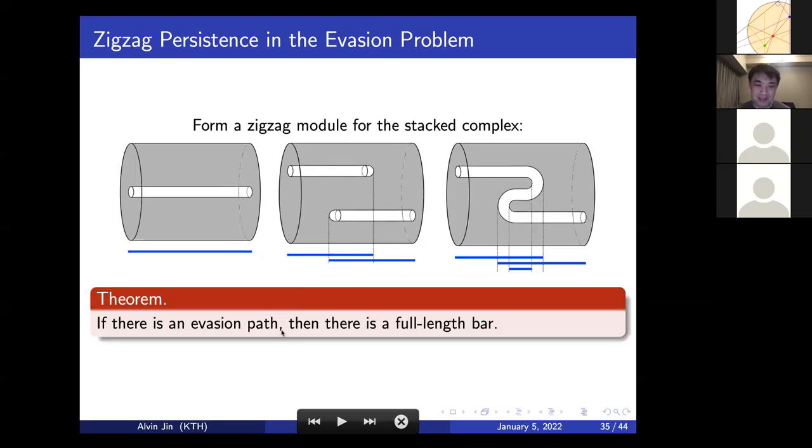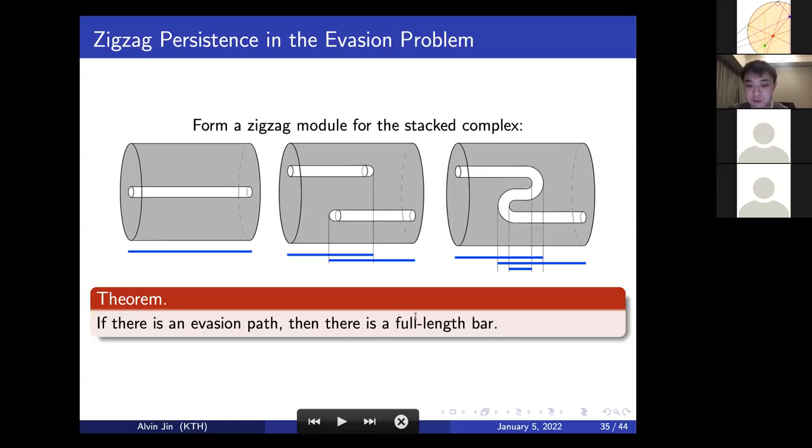So the theorem is, if there is an evasion path, then there's a full-length bar. That's, again, an obvious statement. Namely, I need to be able to go from one end of the cylinder to the other end, so I need a hole to follow. But what made this right-hand side difficult for Gunnar Carlsson and Henry Adams is the other direction.